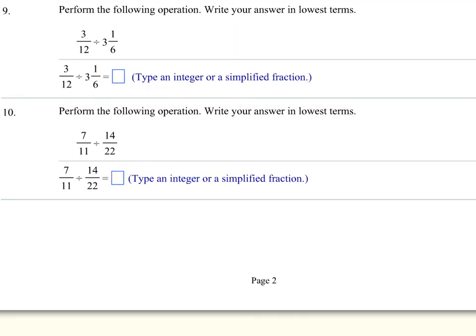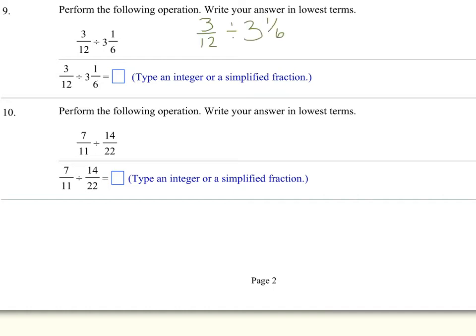Now let's take a look at number 9, where we're dividing 3/12 by 3 and 1/6. Again, we can type this in the calculator the way it's written. The calculator will divide both of these fractions and simplify it for you. But let me show you the steps that the calculator is doing behind the scenes.